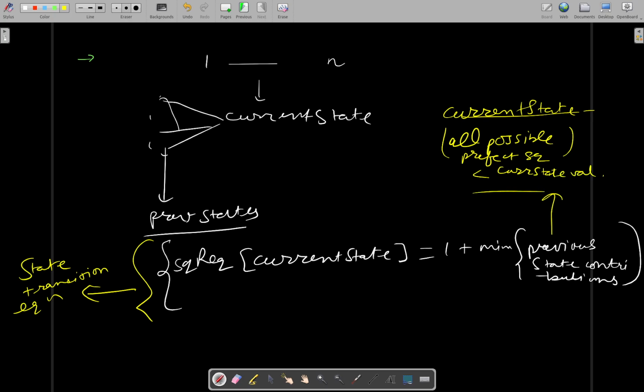Okay, let's see the implementation, then it will be more clear to you how this state transition equation is working.